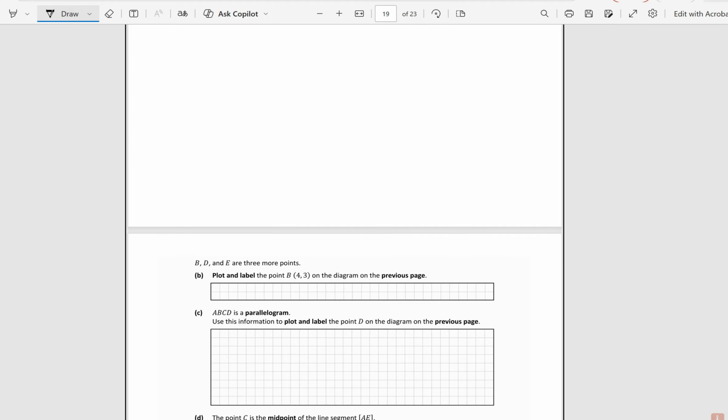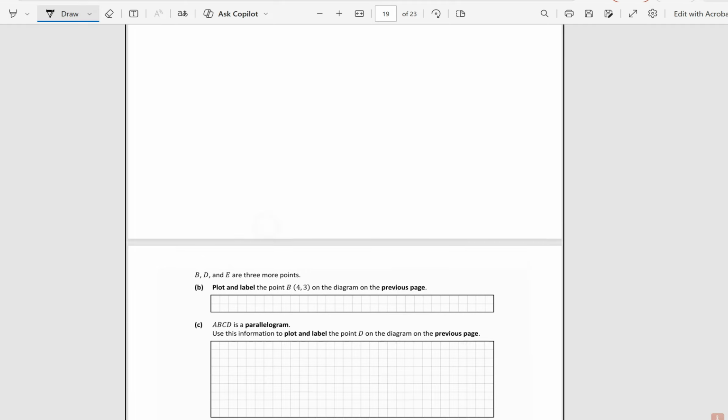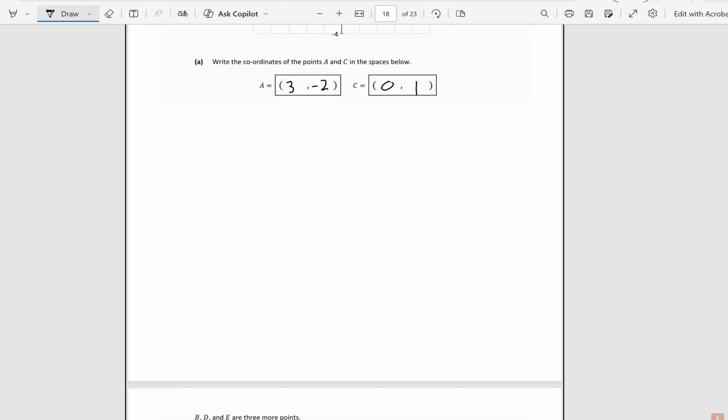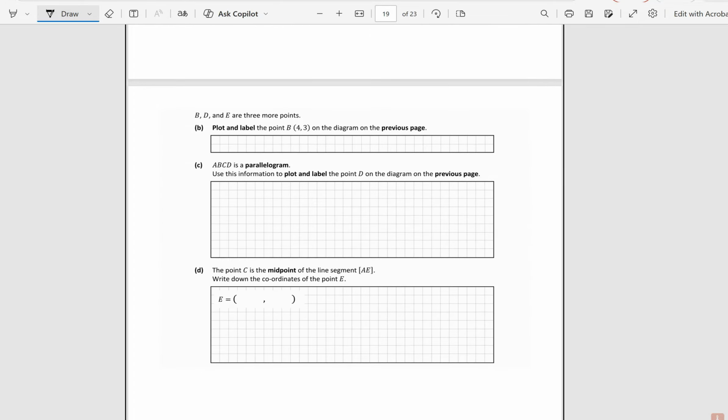Now B, D, and E are 3 more points. Plot and label the point B, 4, 3. So it's up here, and we label it B. This is awkward now that I have to keep going down and up.